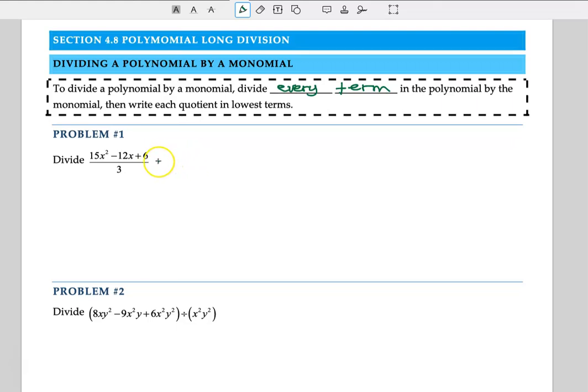So meaning on this one, I would rewrite this as 15x squared divided by 3 minus 12x divided by 3 and then plus 6 divided by 3. So we're taking whatever is in the denominator when it's a monomial and just dividing each of the parts by that.